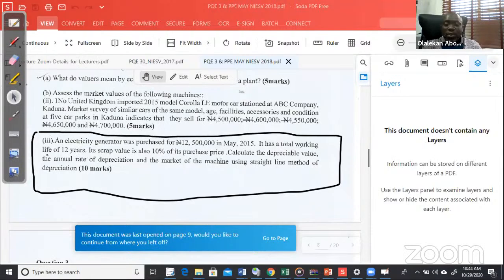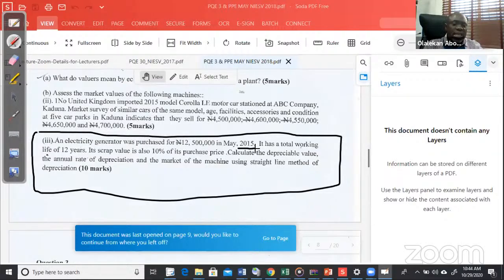Okay. Where do you get that from? That's the question. Look at your question. Let me highlight that area for you. You didn't read in between the lines. Your question says, an electricity generator was purchased for 12.5 million in May 2015.